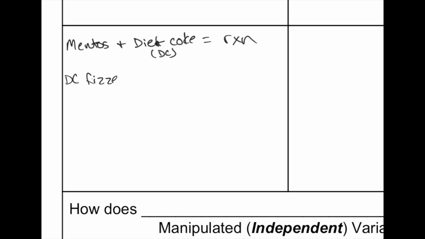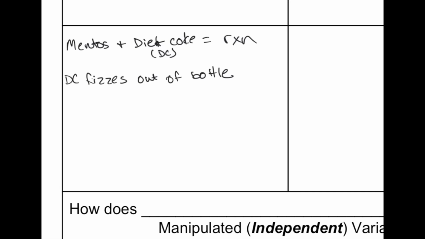So what we already know. Here's some things that we already know, right? Mentos plus Diet Coke equals a reaction. And I just shorten reaction with RXN, right? And that Diet Coke, and I'll just shorten that with DC, Diet Coke fizzes out of the bottle.